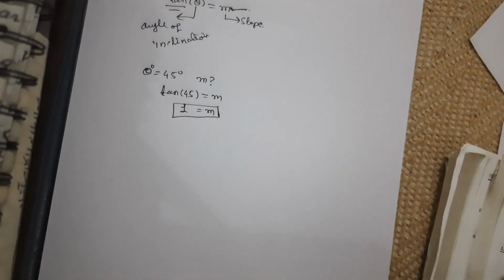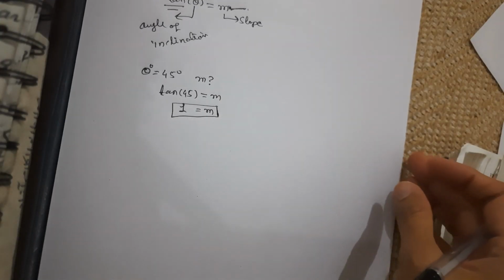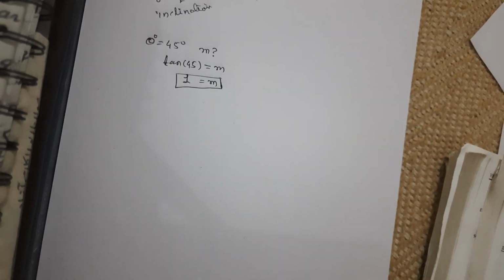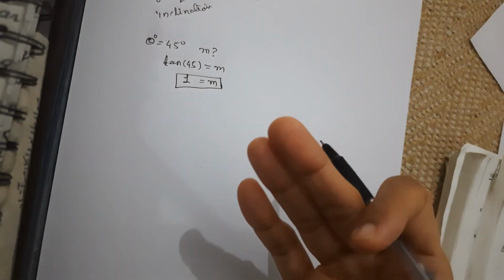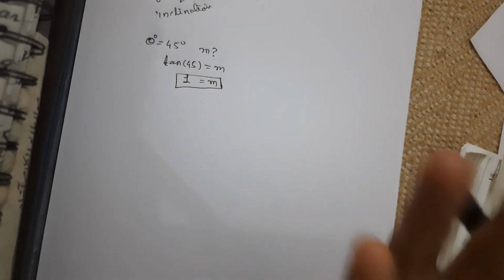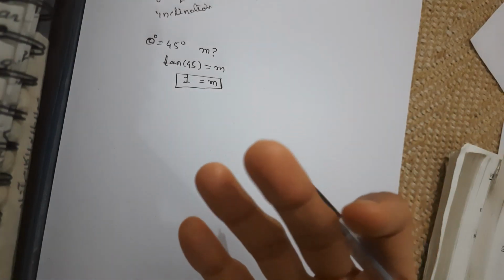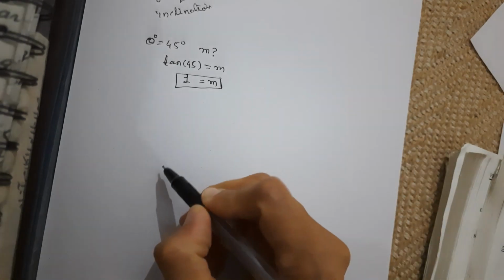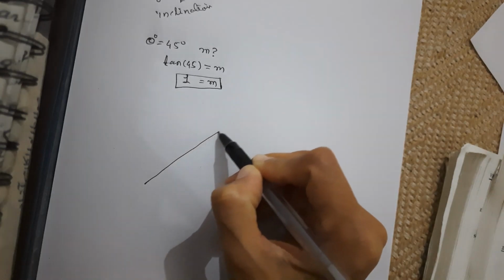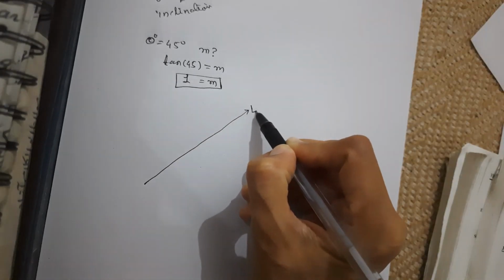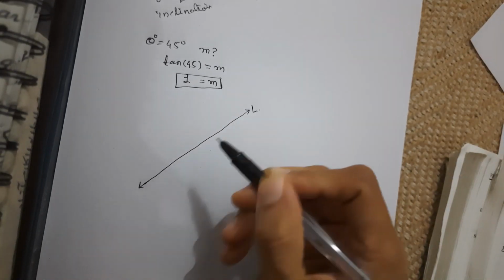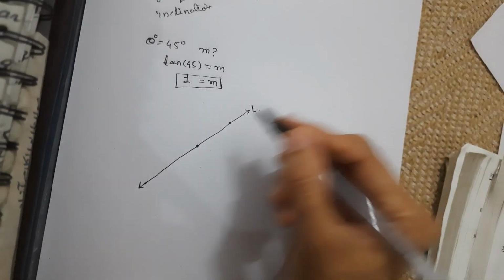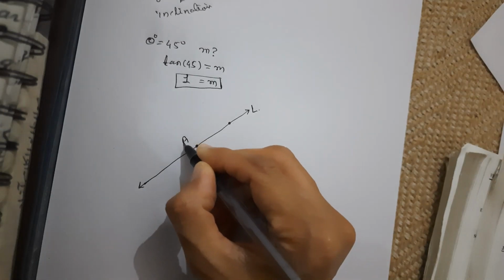In the next topic, I want to explain something more about coordinates, or what we can gather from coordinate information. Suppose I have a straight line like this, let's name it L, and only 2 points are given here, and their coordinates are also given.